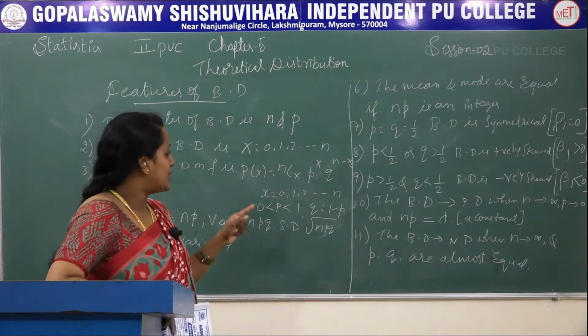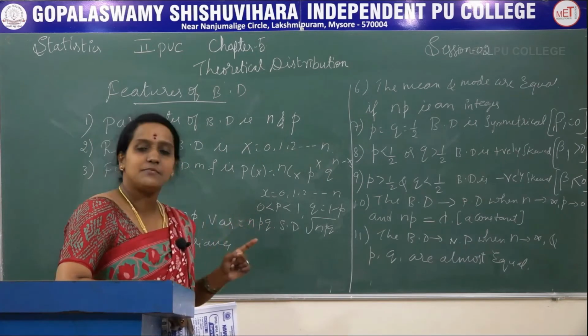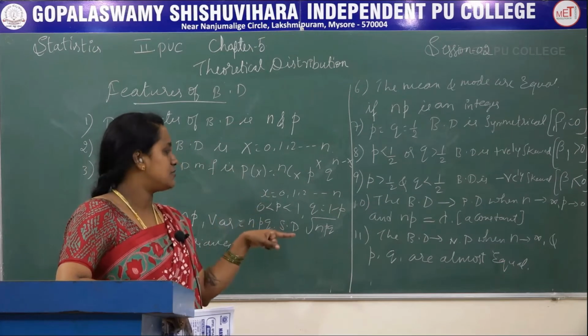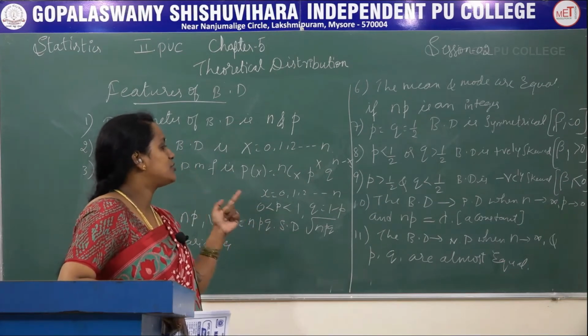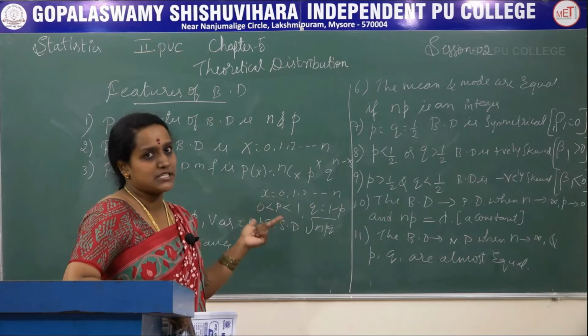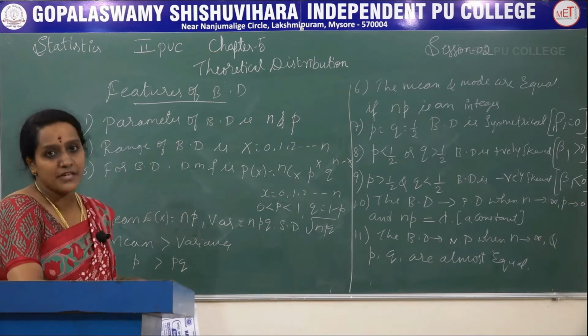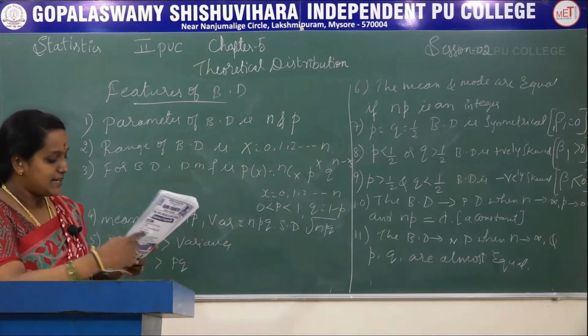This is the last property, so that if the number of experiments is increasing, the binomial distribution can go to Poisson distribution, and the binomial distribution can also tend to normal distribution. So these are the 11 properties or features of the binomial distribution.